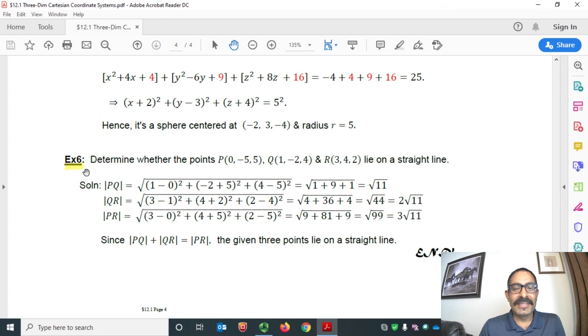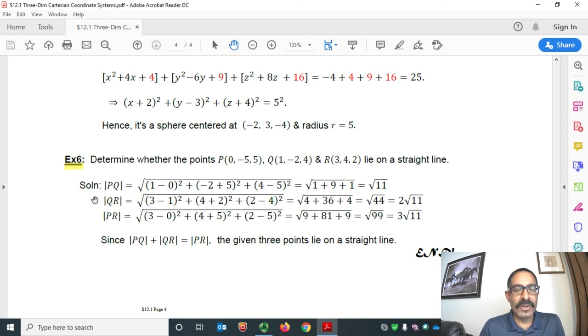Example 6. Determine whether the given points in space lie on a straight line. Solutions. So let's find the distances PQ, QR and PR, and if the sum of the two shortest distances equals the longest distance, then the answer is yes, these three points lie on a straight line.